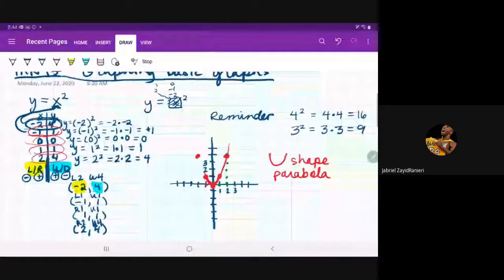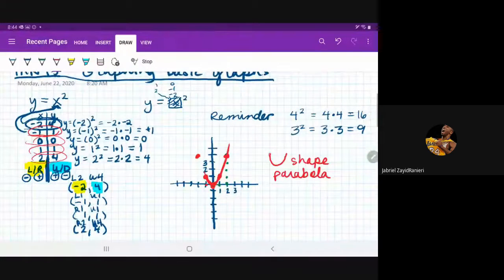And usually you pass the dots you have. And there's more dots. We just aren't graphing them all. And then I usually try to draw an arrow at the end. Okay, but this one's not supposed to be a V. It's supposed to be a U.